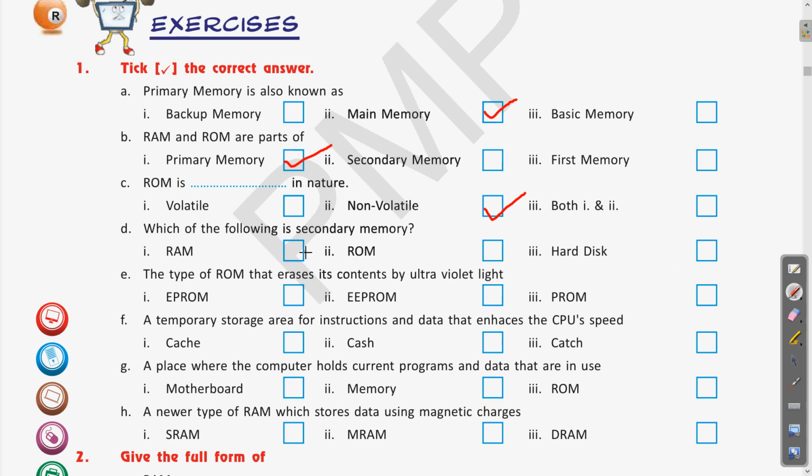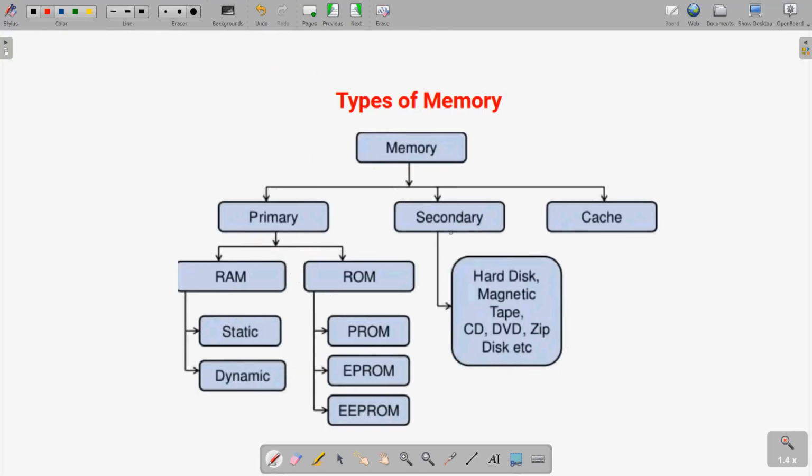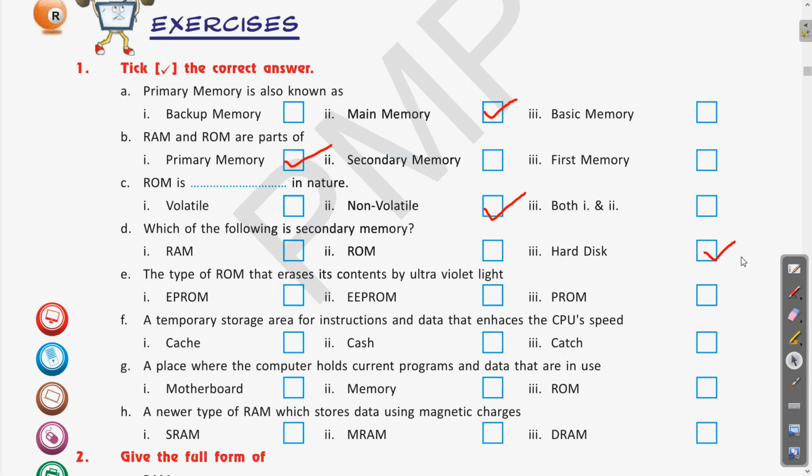RAM is primary memory, ROM is also a type of primary memory. The example of secondary memory is the hard disk. We just saw that in the secondary memory we have different types like hard disk, magnetic tape, CD, DVD. So the answer is the hard disk. Clear? Next is the type of ROM that erases its contents by ultraviolet light.